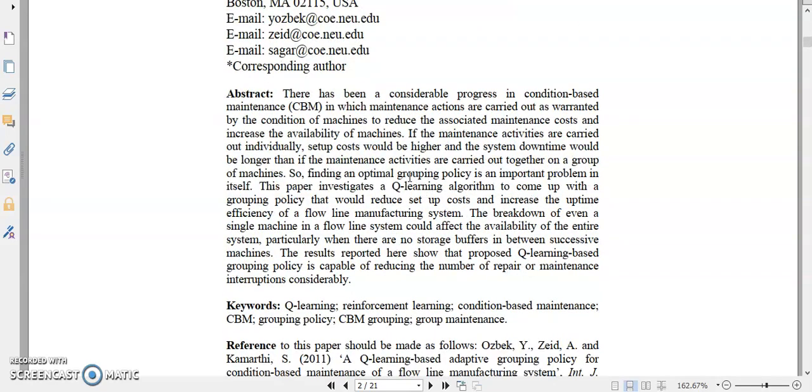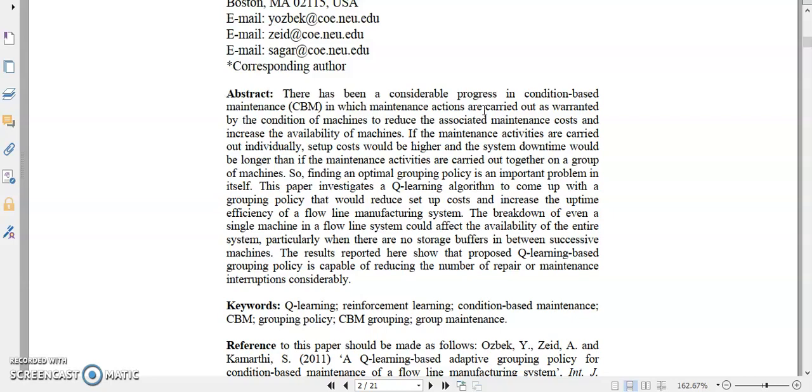And if we look at the abstract, they are using condition-based maintenance, or CBM, where the maintenance actions are carried out as warranted by the condition of machines, and this will reduce the risk of having reactive maintenance.